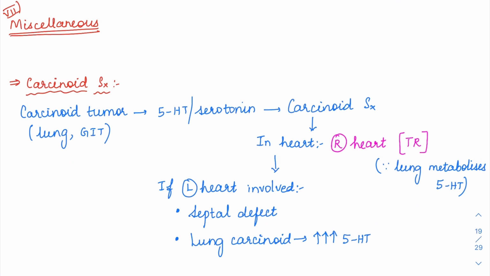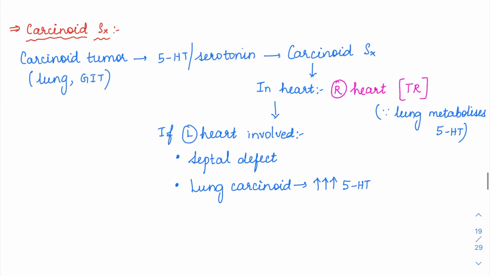Next, we'll see some of the miscellaneous topics about the cardiovascular system, starting with carcinoid syndrome. Carcinoid tumors are usually known to produce certain substances like 5-hydroxytryptamine, serotonin. And most commonly, carcinoid tumors are common in the lung and GIT. That we all know, right?